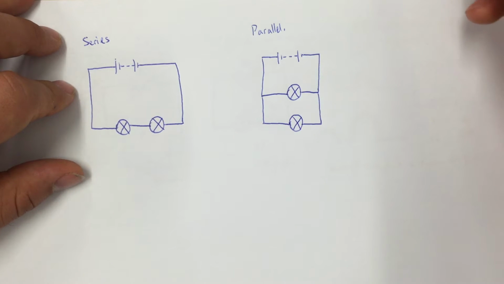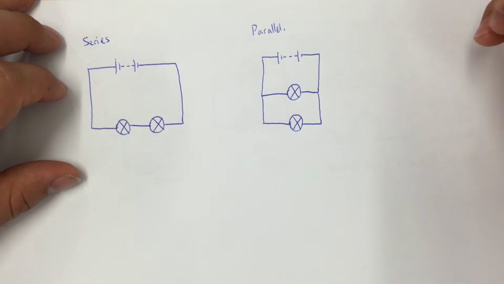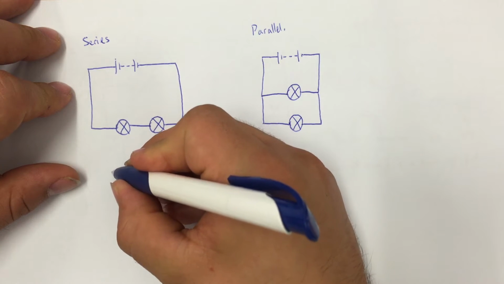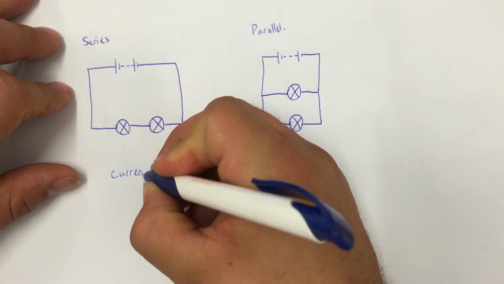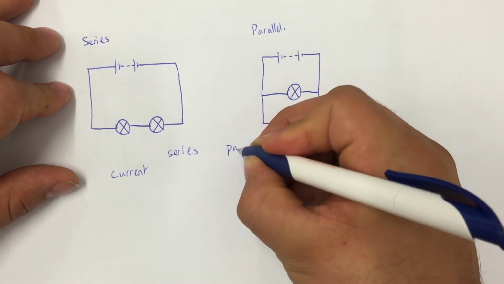So if we think about, first of all, the current in each of these cases. We want to compare the current and the voltage in a series and in a parallel circuit.